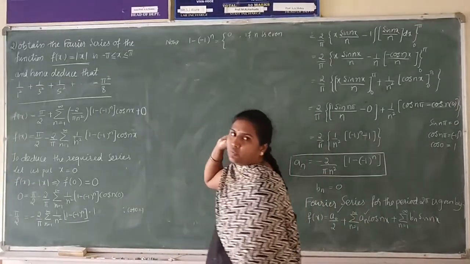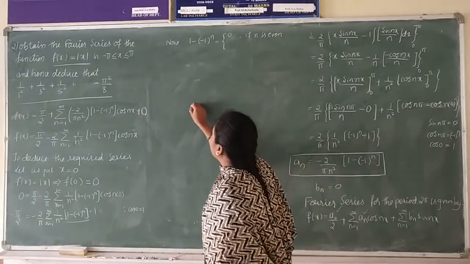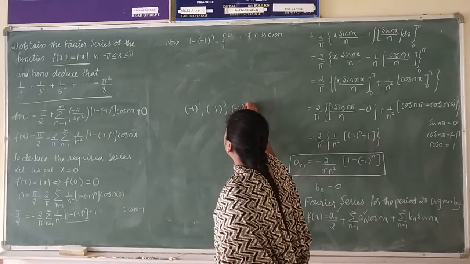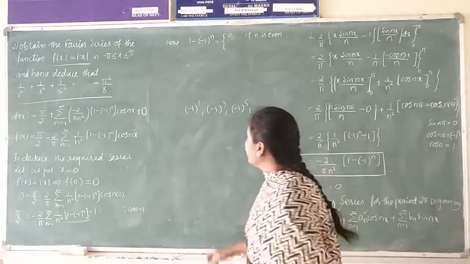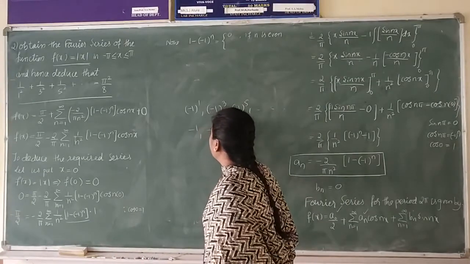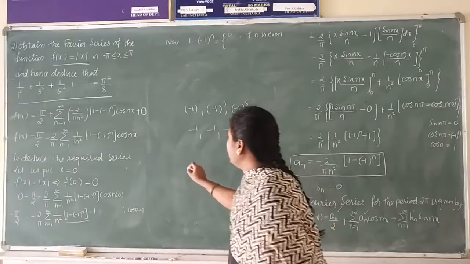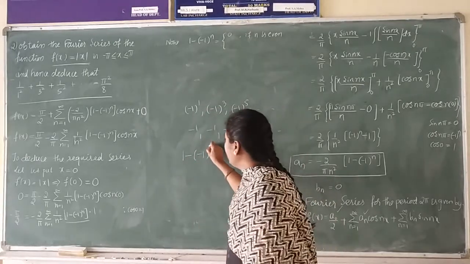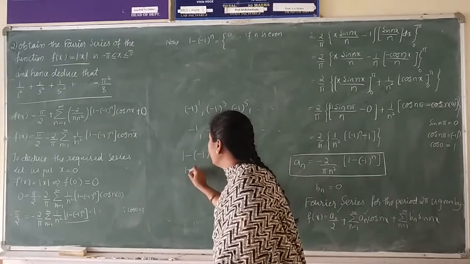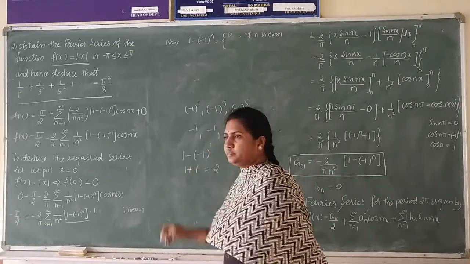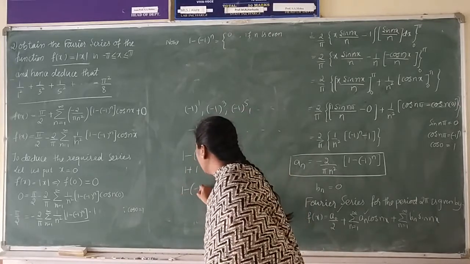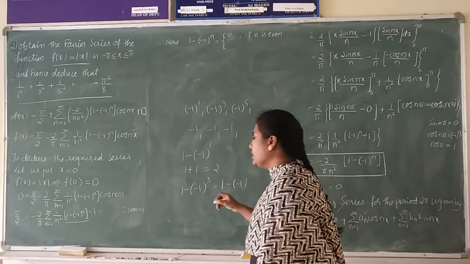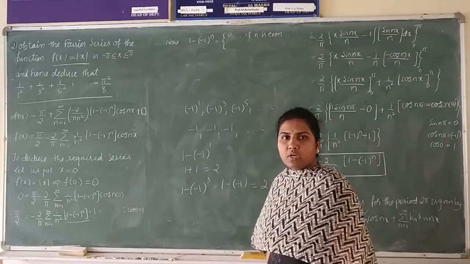Next, if we substitute odd numbers, that is minus 1 raised to 1, minus 1 raised to 3, minus 1 raised to 5 and so on, what value are we going to get? This is minus 1, minus 1, minus 1 and so on. So 1 minus of minus 1 is 1 plus 1, which is equal to 2.